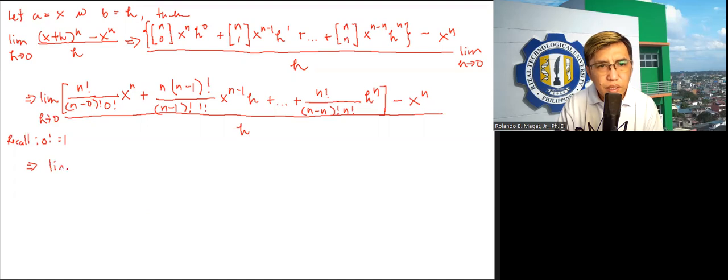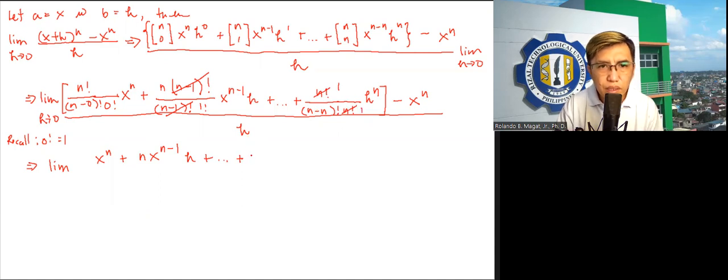So what I have is the limit of x to the n power, plus what remains above: I can cancel out n factorial here, so it becomes 1. So I have n times x raised by n minus 1, then h here, plus and so on, plus h to the n power, because this is already equal to 1. 0 factorial is 1.